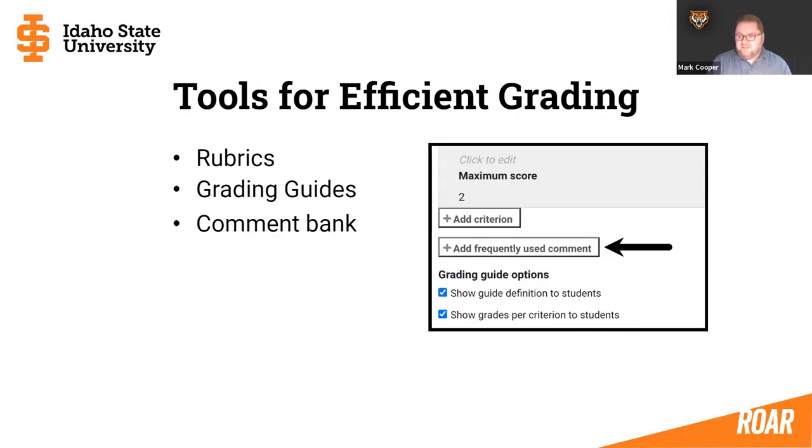Another option is you can create one on your own and copy and paste it from a Google Doc and customize it. Those are just great ways of saving you time while you're grading, while giving students the feedback that they need for their assignments.